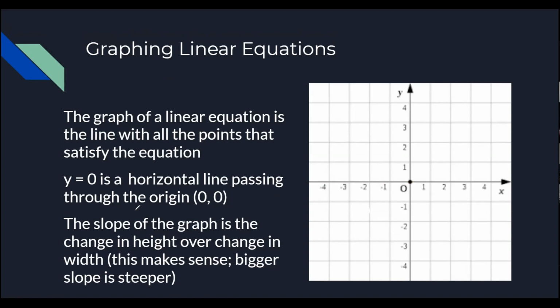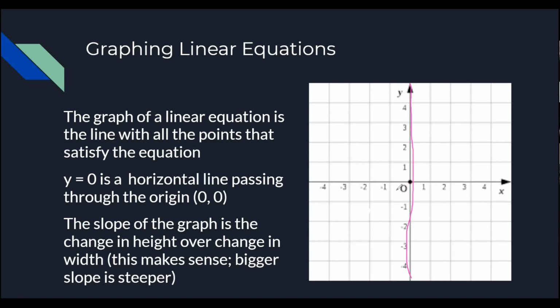Okay, so Mary, what do you think the graph of x equals 0 would look like? If x was equal to 0, then it would just be the vertical line passing through the origin. Yeah, exactly. So x equals 0 means you're moving 0 right, 0 left.